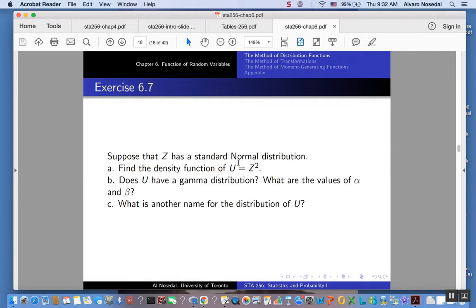It happens that in this case, that transformation is one member of a famous probability distribution family, the gamma distribution family. Well, before we proceed, let me remind you what's the main idea behind the method of distribution functions.